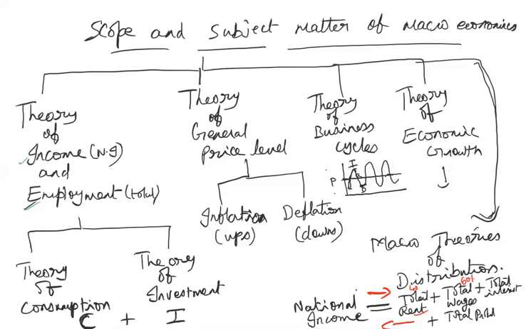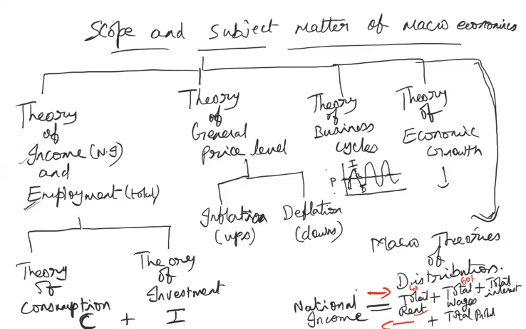All the major problems affecting the country can be analyzed with the knowledge of macroeconomics. It helps to analyze the fluctuations in the general price level. It helps to increase the level of employment by having knowledge of what the demand for consumption goods is, what the demand for investment goods is, etc. So this is the subject matter of macroeconomics.